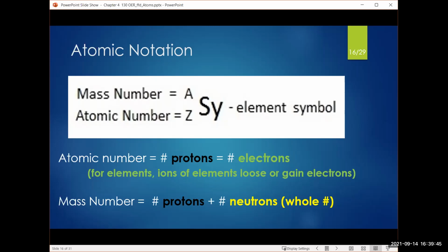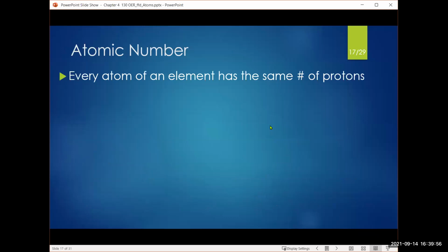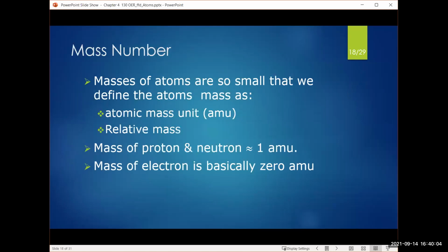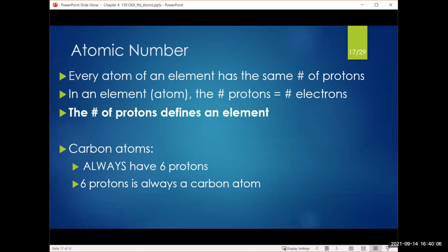The mass number, which is a whole number, remember that, is the number of protons plus the number of neutrons. Every atom of an element has the same number of protons.